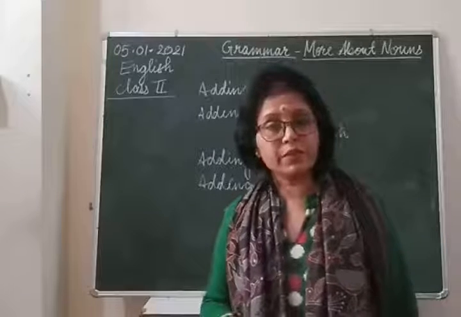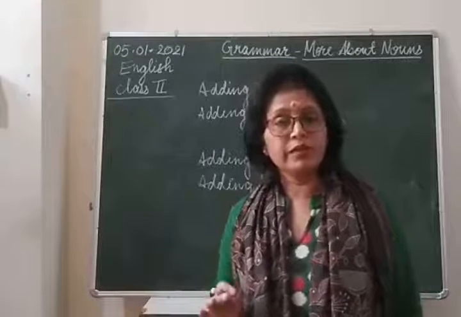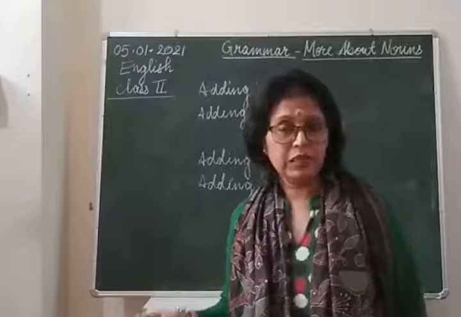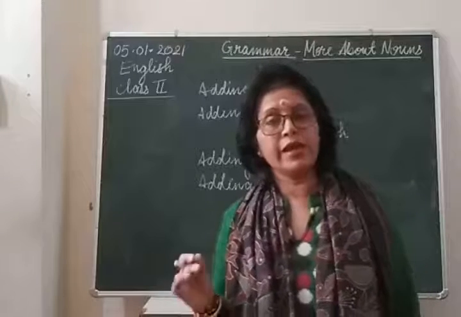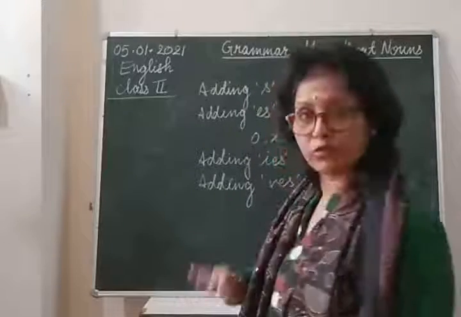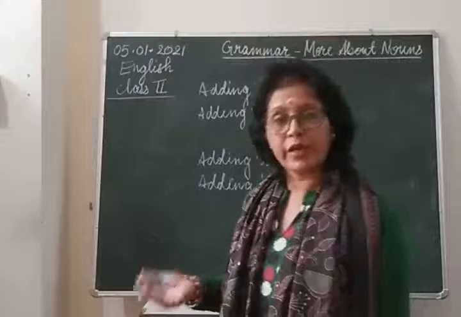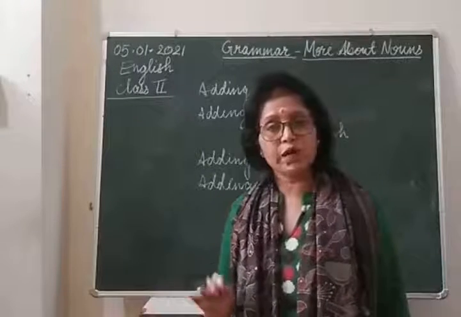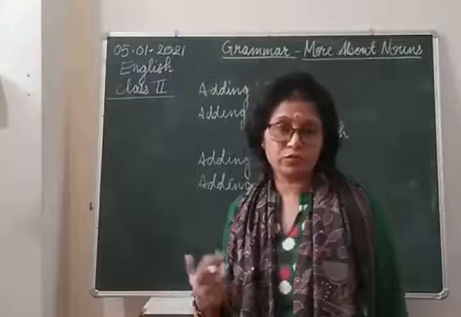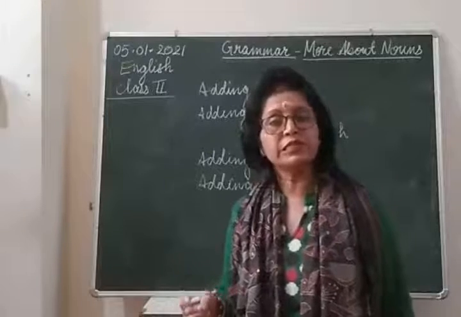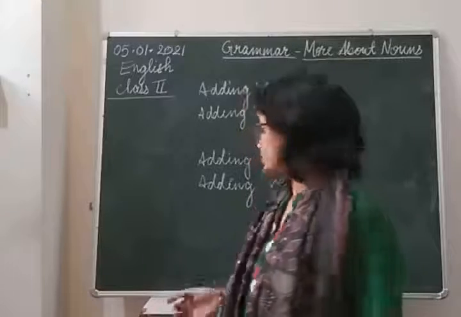If the spelling of the noun ends with f or fe, then you have to replace f or fe with ves. Replacing means you have to remove f, you have to remove fe, and in place of that you have to write ves. Okay?